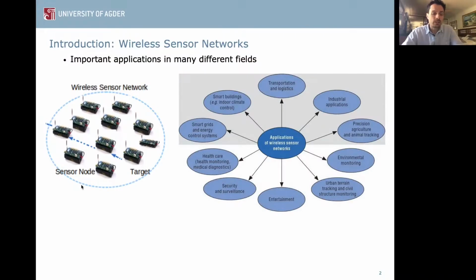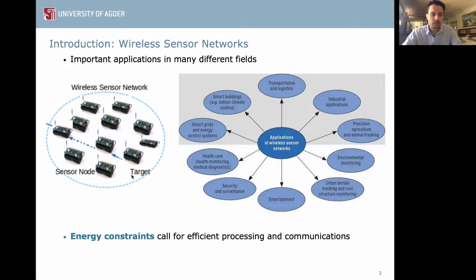As we know, wireless sensor networks find a large number of applications across many different domains. And since sensors are typically powered by batteries, energy efficiency is extremely important to maximize the operational lifetime of the network.